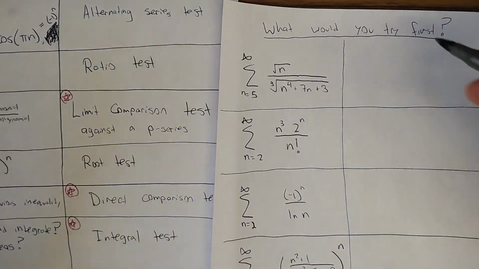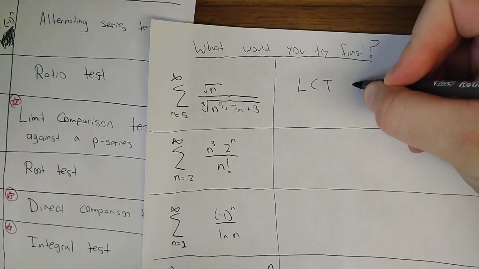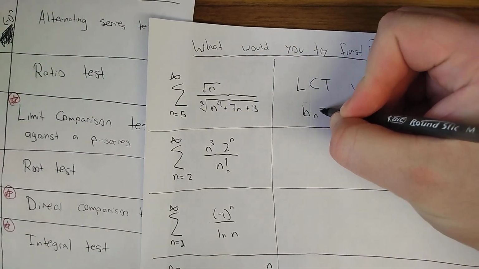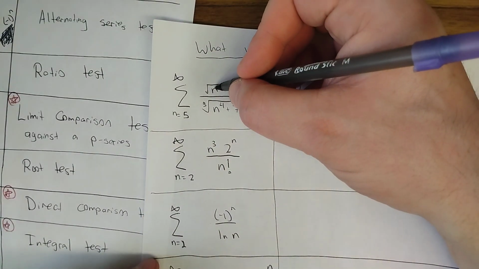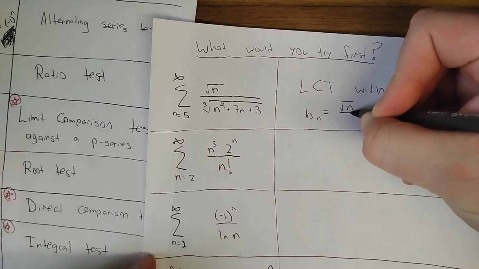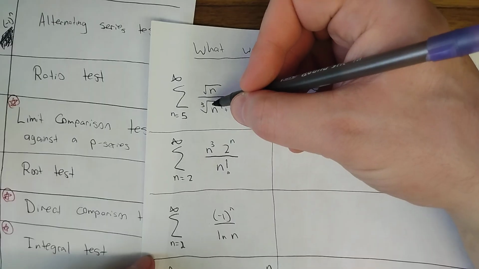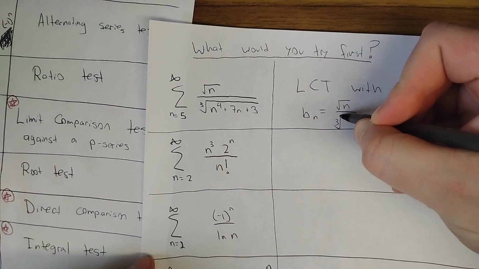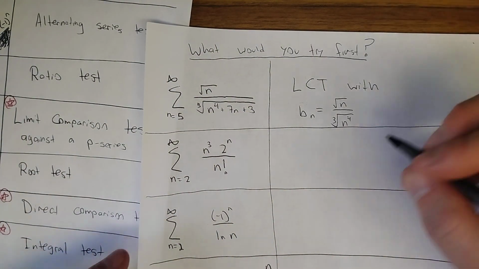So this is going to be the limit comparison test, and I will even go one step further and tell you what my b sub n is. In a manner of speaking, we already discussed what b sub n is. This is going to be my a sub n, and my b sub n is going to be the simplified version of this, which I get by just ignoring the lesser parts.